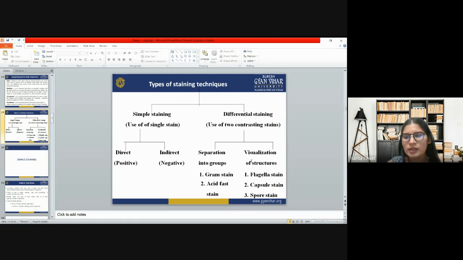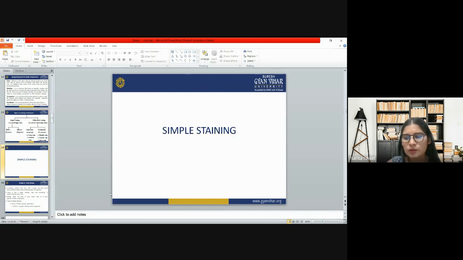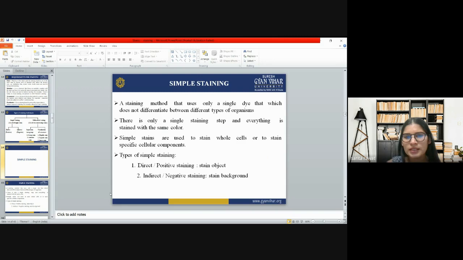Then we have visualization of structures, that is flagella stain, capsule stain, and spore stain. Then simple staining has two types, direct and indirect. Direct is used to see the object and indirect is used to stain the background.